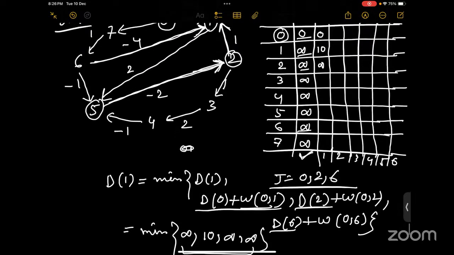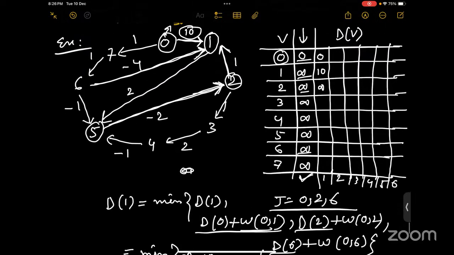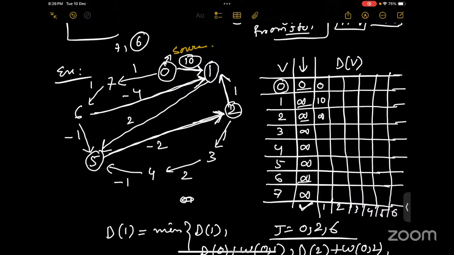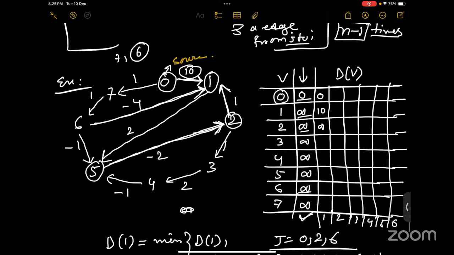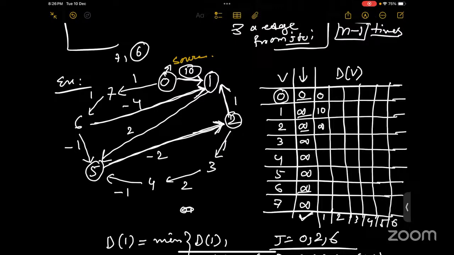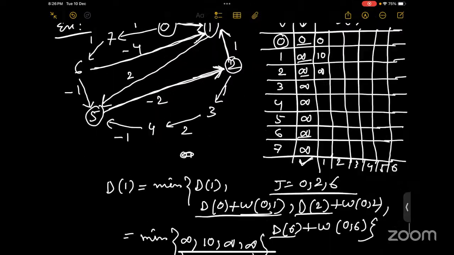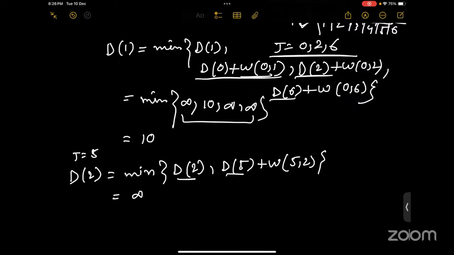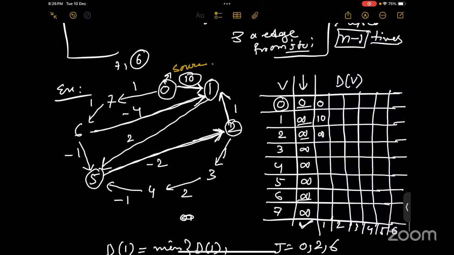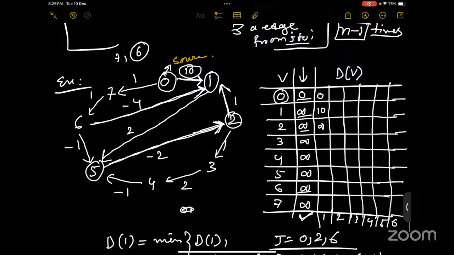Now similarly, we can calculate the distance for 2, 3, 4, 5, and 6. So you can just calculate it and let me know what will be the distance from 0 to 3. Just put the values in the definition and calculate. What will be the distance of 3?